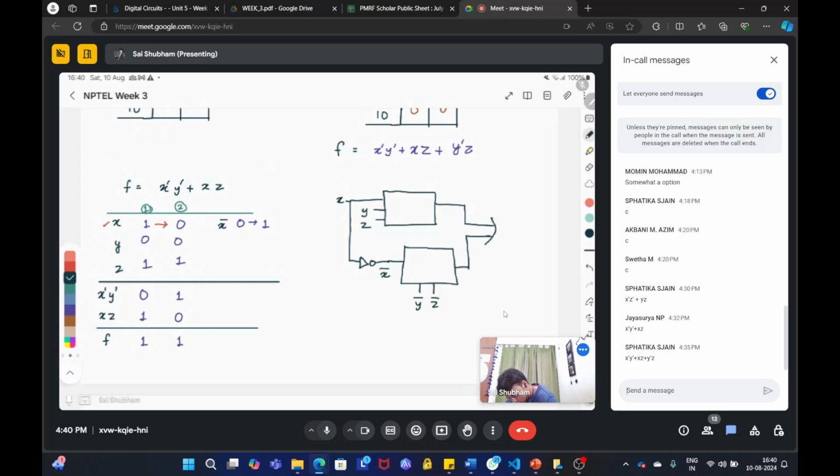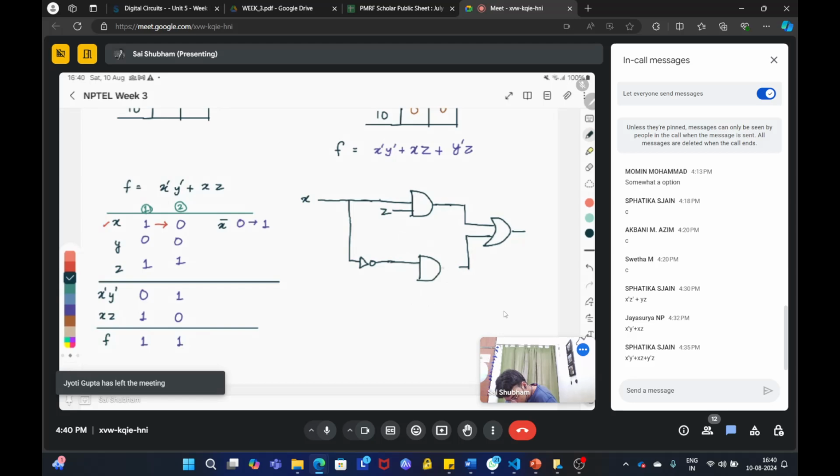Suppose this is SOP. Let's assume this is x. Here you have an AND gate. And here you have x bar, y bar.